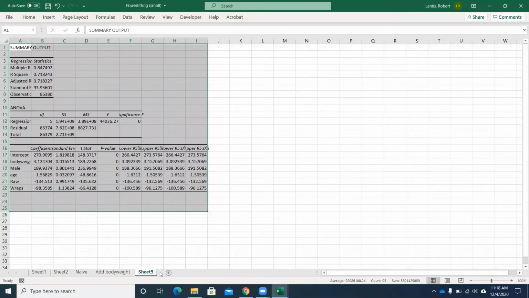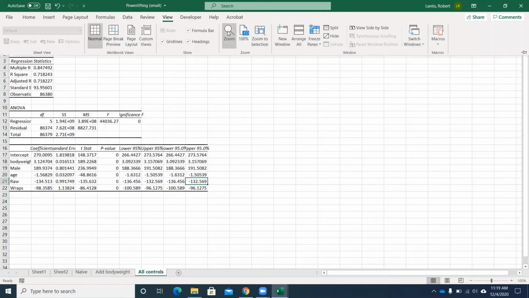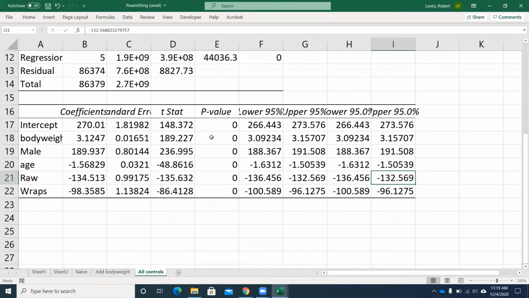Now we've got all the controls that are in our data set. Let's start to look at this, so we'll zoom to 200%. Once again, all the p-values are 0 because we have this huge sample size of 86,000.